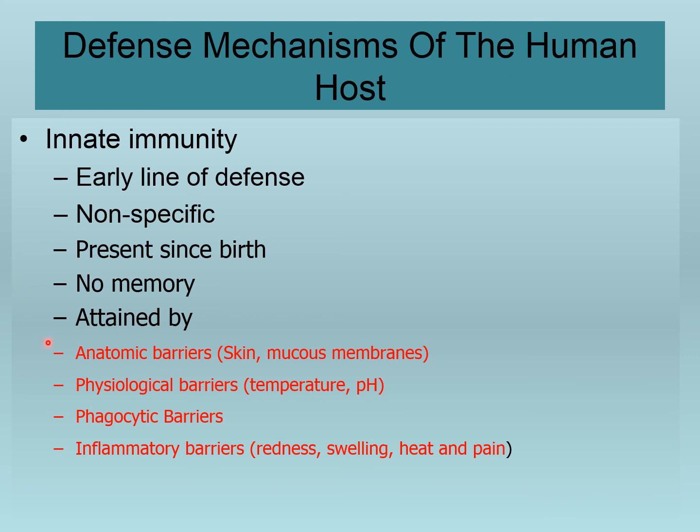This type of defense mechanism is attained by various barriers like anatomical barriers, skin and mucosal lining, physiological barriers like pH and temperature, presence of some phagocytic cells forming the phagocytic barriers, and inflammatory barriers which cause inflammation and prevent the spread of infection to other places of the body.